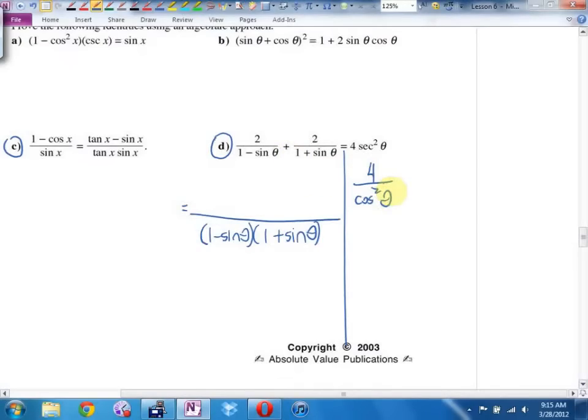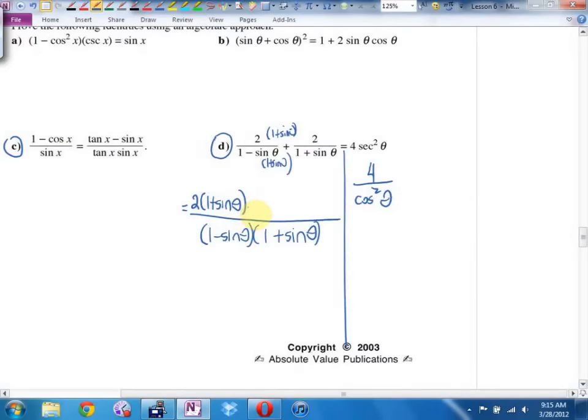Let's see. Okay. In the first fraction, I have a 1 minus sine theta. To change it into a 1 minus sine, 1 plus sine, I would multiply the top by 1 plus sine and the bottom by 1 plus sine. I would get this 2, 1 plus sine.